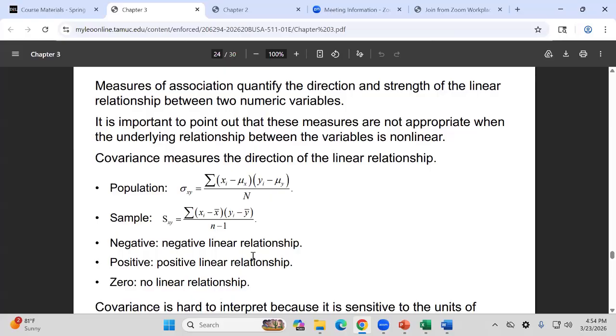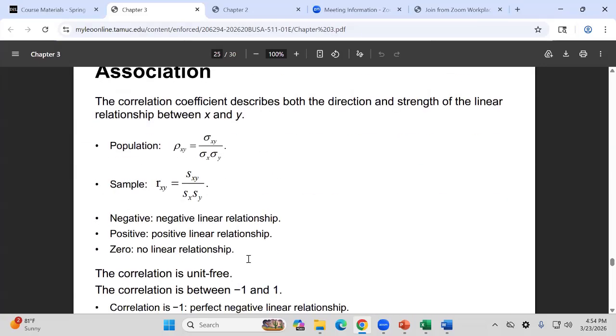If you calculate sample covariance, divide by n minus 1. This is how we calculate covariance. Correlation, basically you use covariance divided by the product of the standard deviations. This is how you calculate correlation.